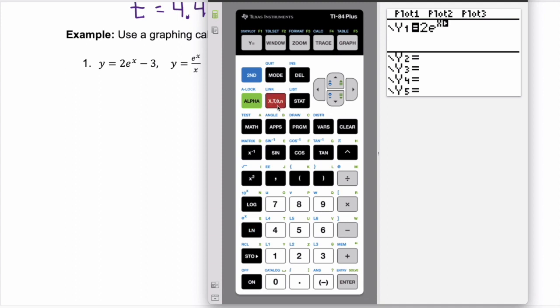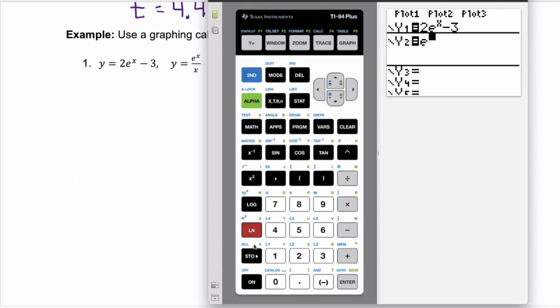So we'll hit x. Then you're still staying in the exponent area, so we need to hit the arrow to the right key in order to get us out of the exponent, and then we can do the -3, since that's not part of the exponent. Hit enter, and we can enter our second equation. That's y equals e to the x divided by x. So I am going to do second e, put the x, arrow over, hit division, and then another x. And then I'll hit enter.